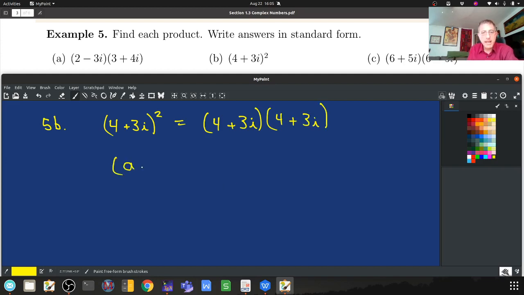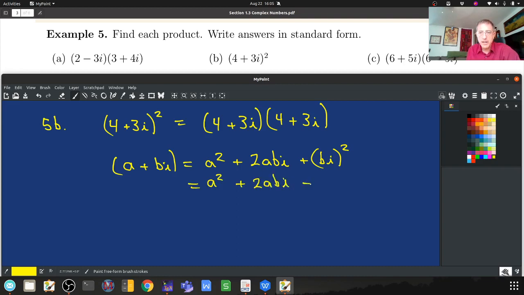If we have a plus bi, the formula is a squared plus 2abi plus bi squared. That's using special products. So that's a squared plus 2abi minus b squared. So I don't know if this formula is helpful or not. I normally don't use it. Let's go ahead and just do it the normal way.